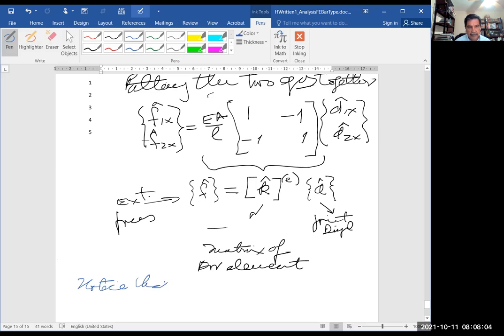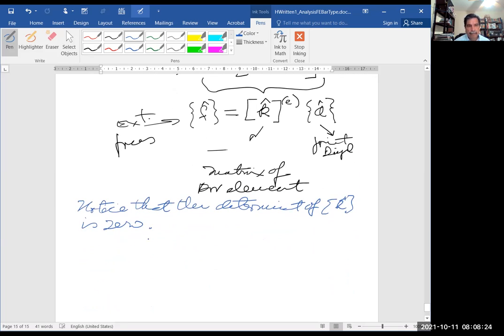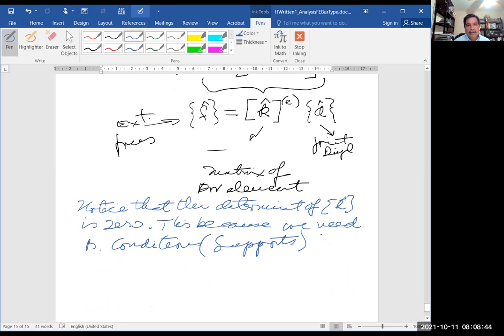Notice that the determinant of K is 0. This is because we need boundary conditions, that is supports, to find a unique solution.